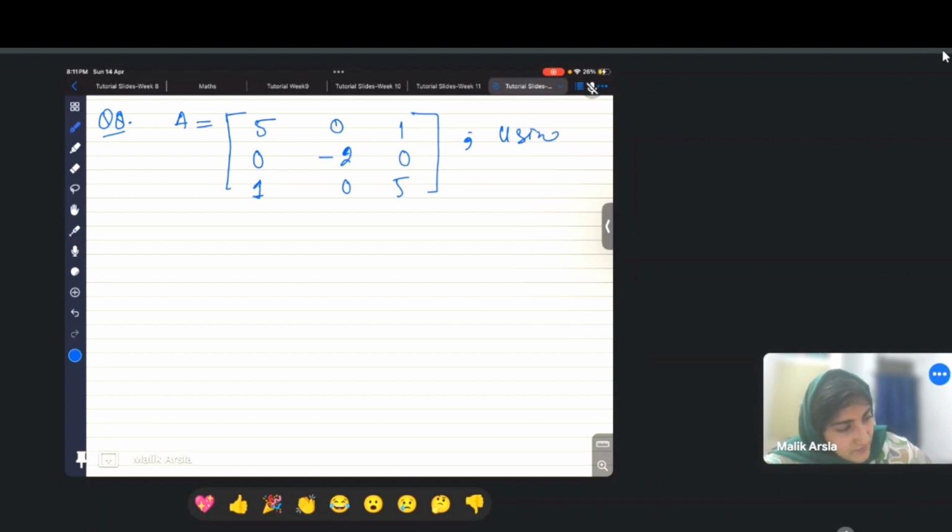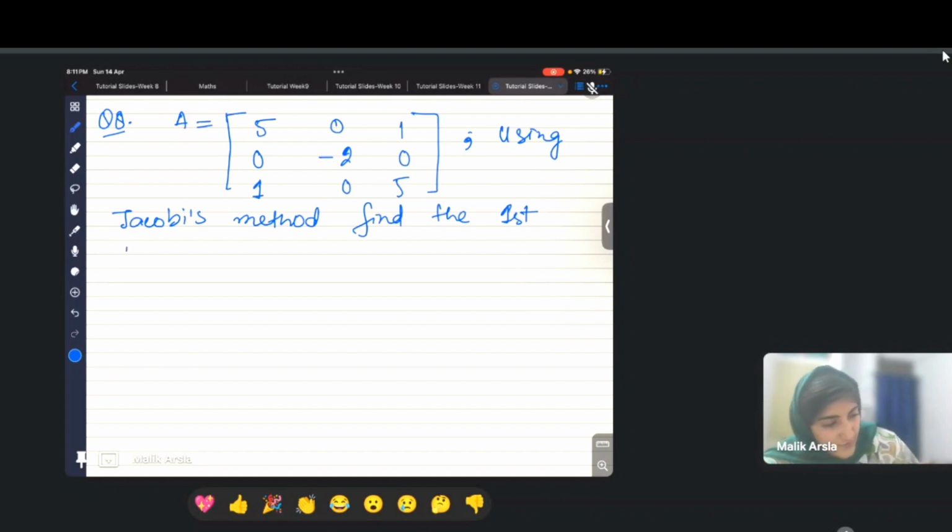Using Jacobi's method, find the first rotation matrix. Tell me the answer simply. The off-diagonal entry is 1, and the difference of the diagonal entries is 0, so tan 2 theta is 2 by 0, infinity.